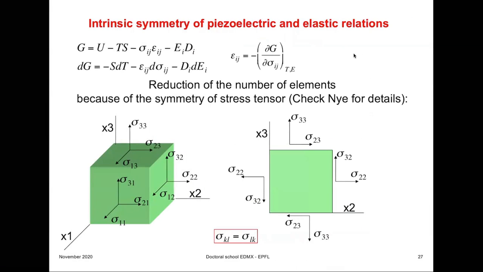So let's now look at elastic relations. First of all, let us look at the definition of a stress tensor. This is something that you have done in mechanical and other courses, and I really don't want to dwell too much on it. But basically, you have components of the stress tensor along the axes 11, 22, 33, which means that force is acting on the surface which is perpendicular to the direction along which the force is acting.